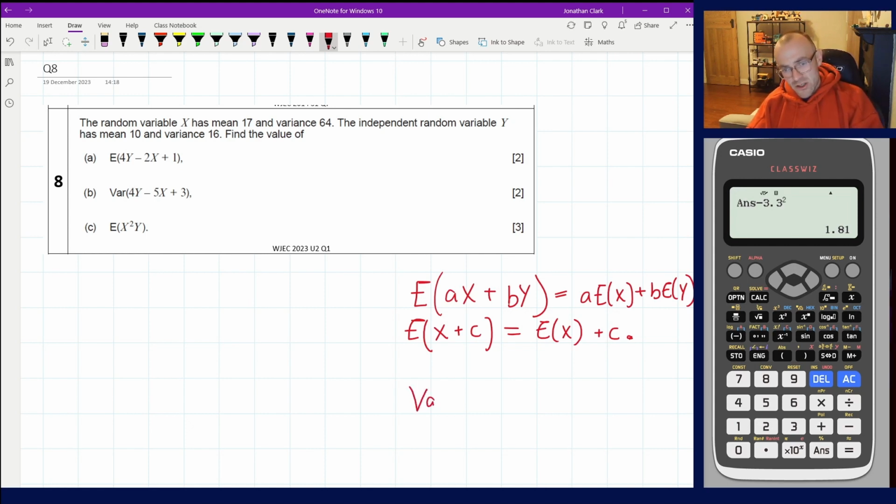The variance. I believe the rule is that we square any constants. It looks something like this. I need to take some more space here.